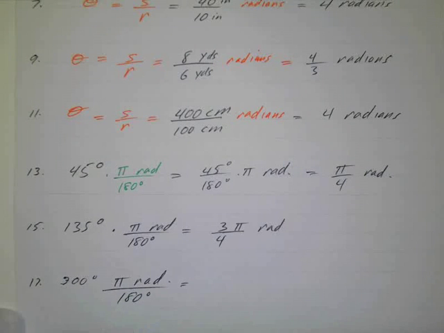And I can see that 60 goes into both of these, so 60 goes into 300 5 times. And that's pi on the top, and 60 goes in there 3 times, so it's 5 pi over 3 radians. And we see notation like that, so that's not anything that's really strange, so be aware of that.